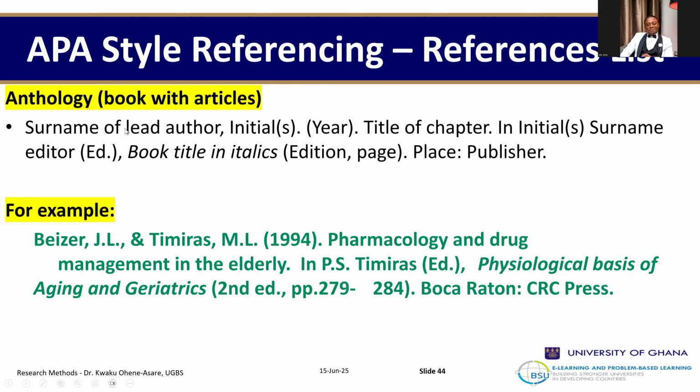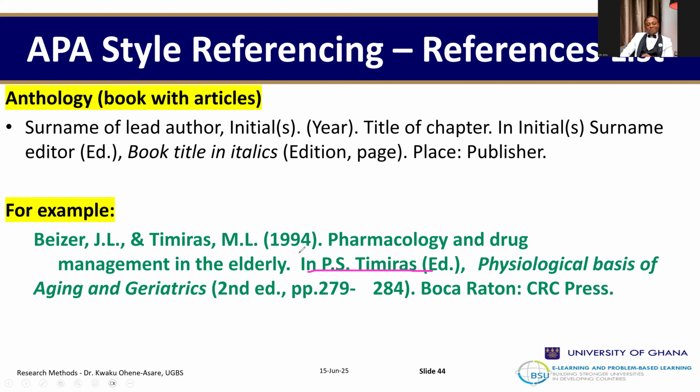If it is an anthology, a book with titles, the same thing. You can see clearly that you have an article inside. This means that the article itself has been written inside this book. So you have the article, which is Pharmacology and Drug Management in the Elderly.